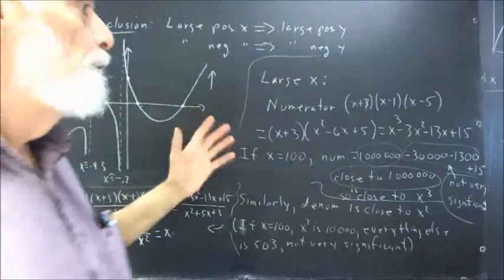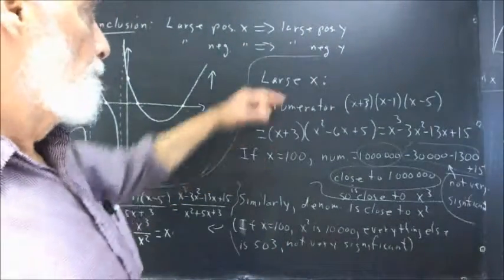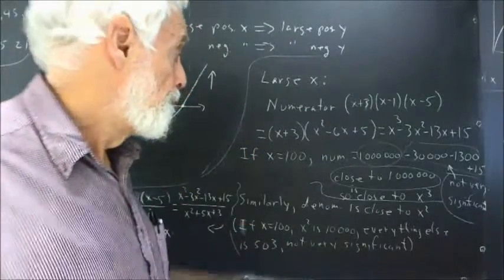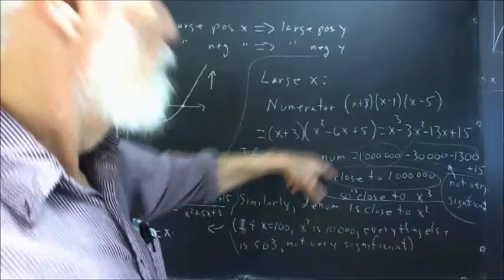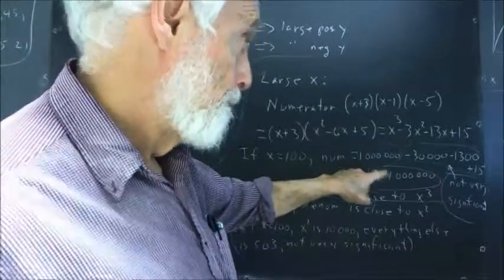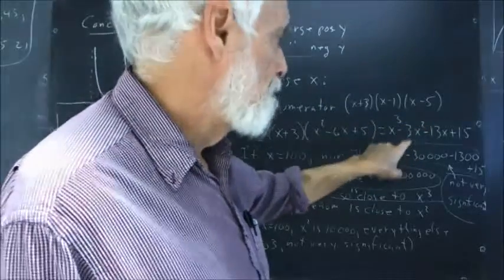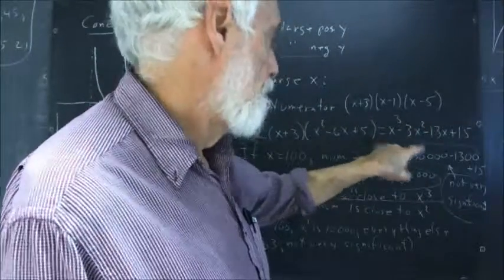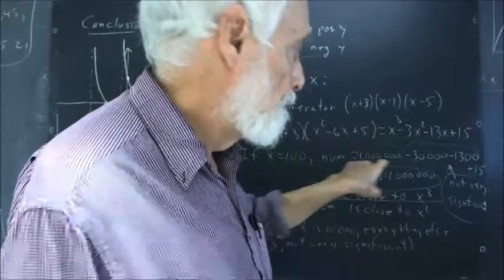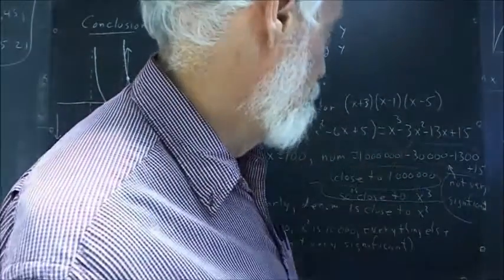Okay, now, if we had the numerator in expanded form and want to ask ourselves what happens for large x, well, let's just see what happens for x equals 100. For x equals 100, the numerator consists of x cubed, which would be 1,000,000. 100 cubed is 1,000,000. 100 squared is 10,000, and negative 3 times that is negative 30,000, which is kind of a big number, but it's nowhere near as big as 1,000,000. 1,000,000 is over 30 times bigger than this.